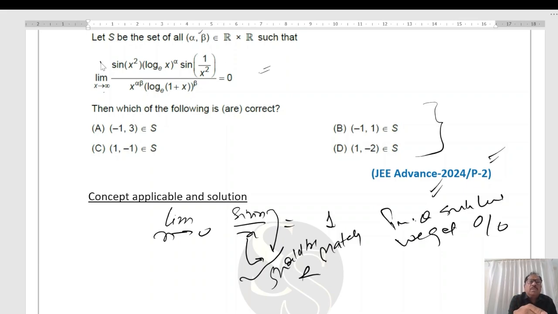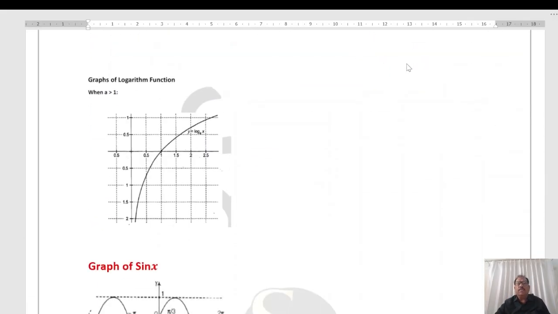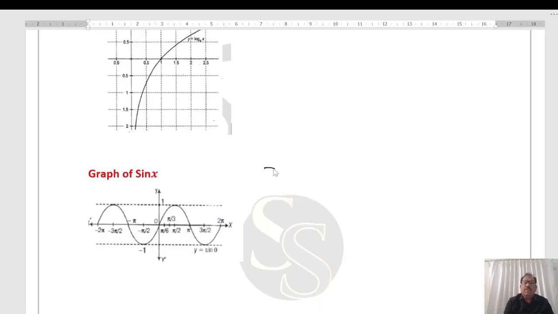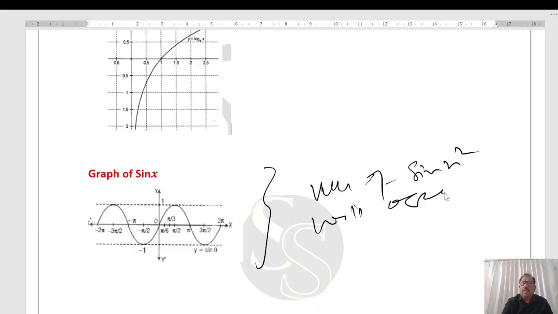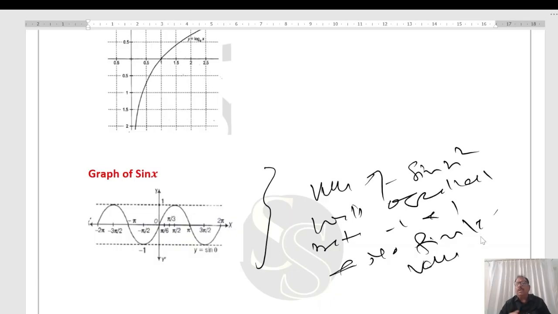Sin x square, what is the domain of sine? Domain of sine is R and range is -1 to 1, right? Graph is like this, right? Means value of sine of x square will oscillate between -1 and 1, and no finite value will be known, right?